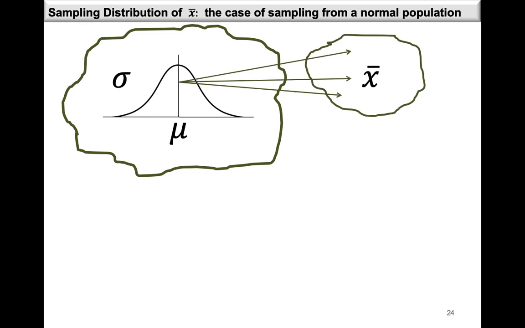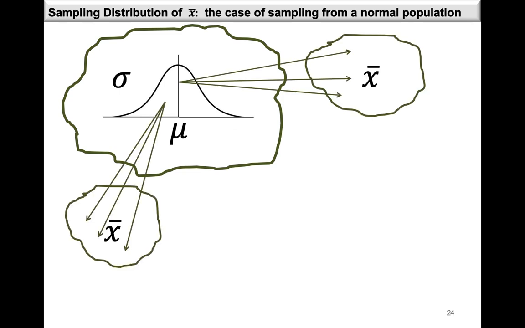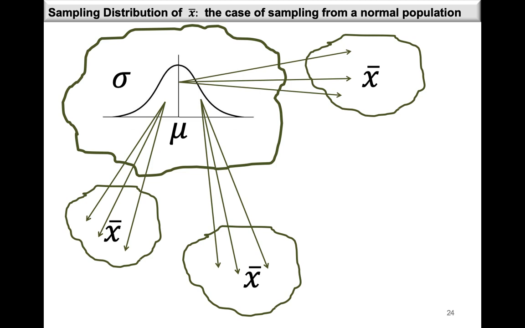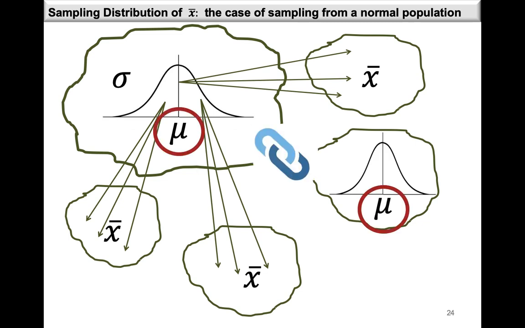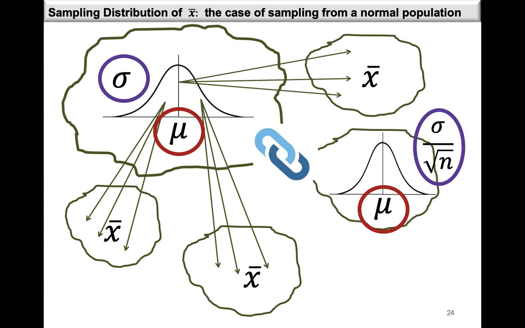So if we take random samples from this population and calculate the sample mean, we find that the sampling distribution of x bar is also the normal distribution with a mean of mu and a standard deviation of sigma over the square root of n.